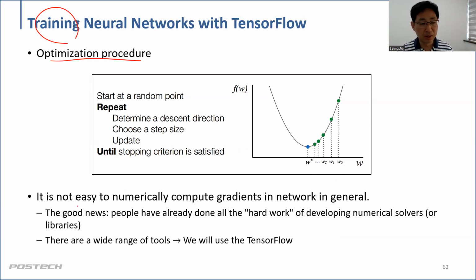We can implement it, but it's not easy to compute all the gradients in general. The good thing is that many previous researchers already did all the hard work developing numerical solvers and libraries, so there is a wide range of tools. We're going to use Python.